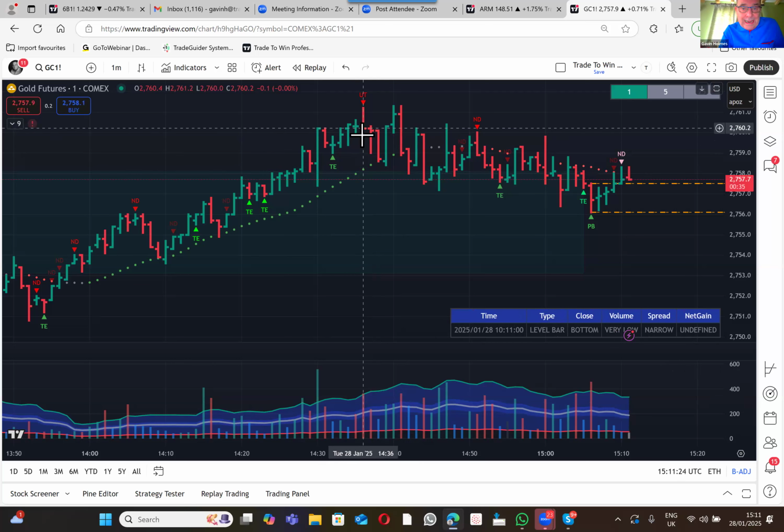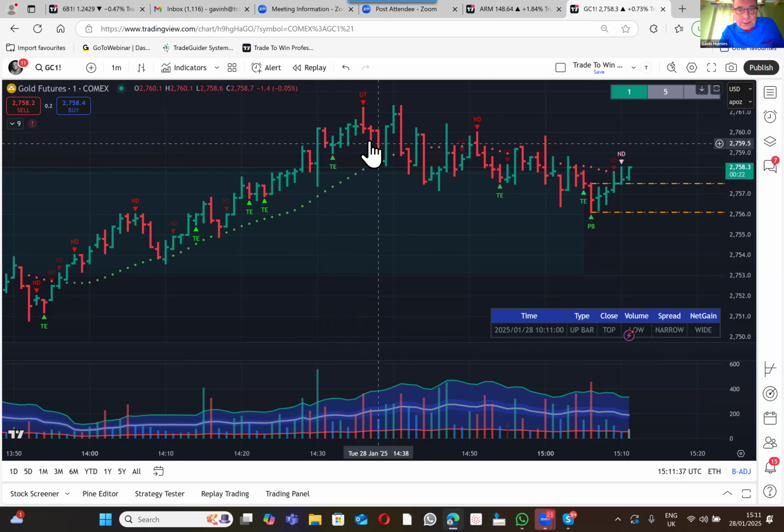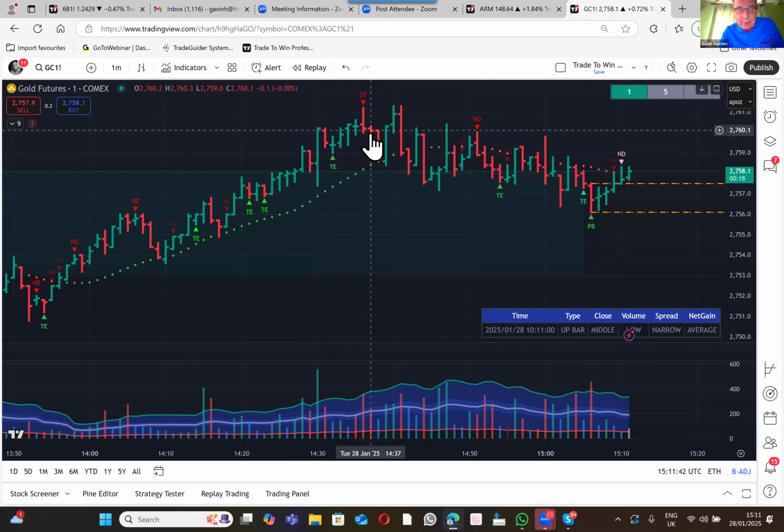So what we have is a massive volume bar. You can see it for yourself. It's gone through the green line. It's massive. But the price has closed on the low of the bar with the next bar closing lower. Now think about that just logically. Anyone can do this.